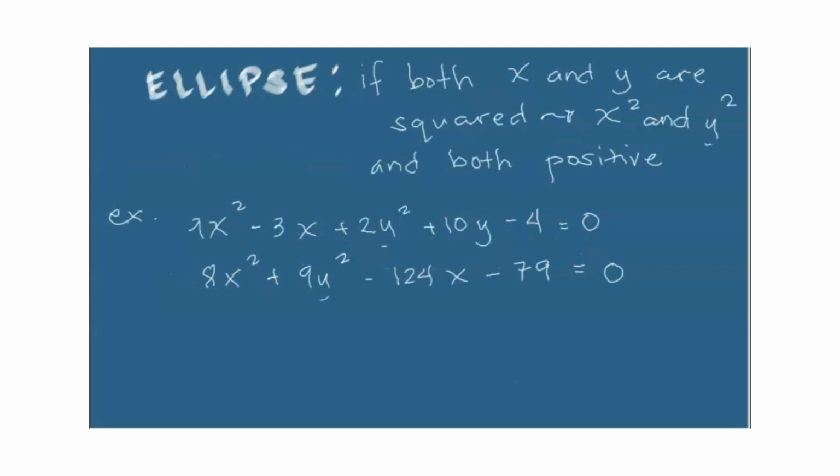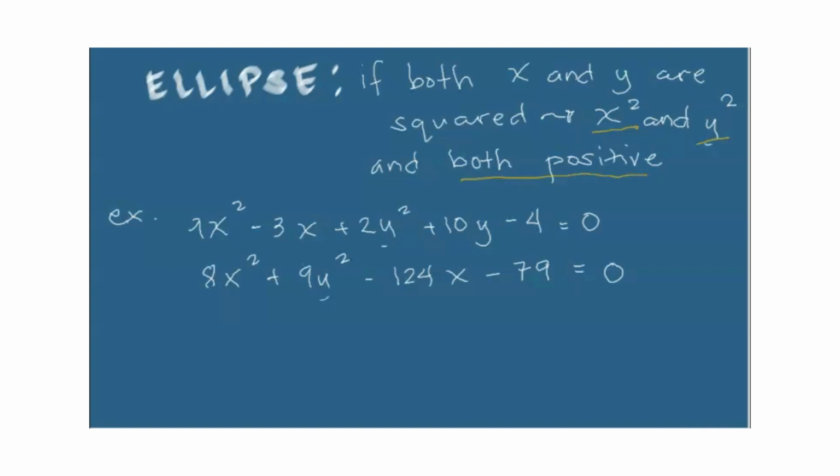The third conic section is an ellipse. When x and y are both squared and the coefficients are positive but different, then you have an ellipse. So again, when your x is squared and your y is squared, they're both positive, and the coefficients are different, then you have an ellipse.